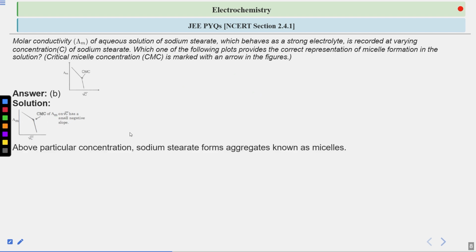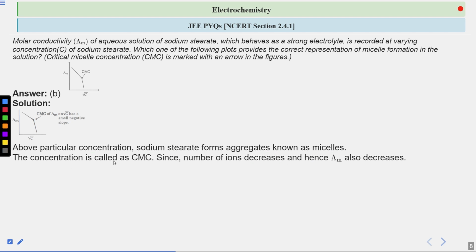Above a particular concentration, sodium stearate forms aggregates which are known as micelles. That means if you go beyond that particular concentration, the sodium stearate starts to form aggregates known as micelles.